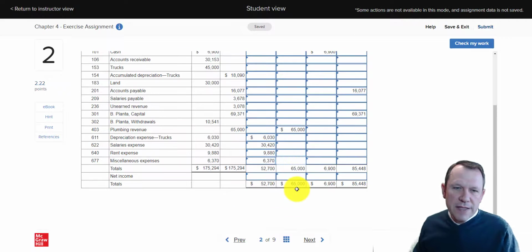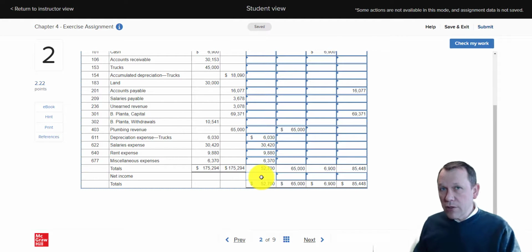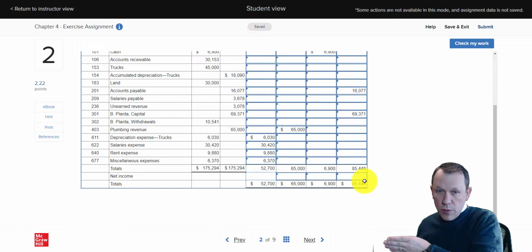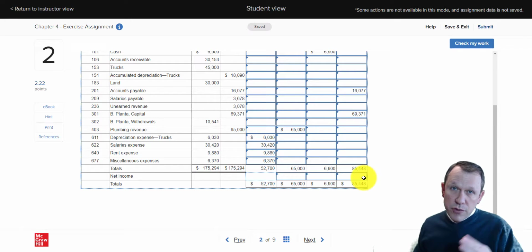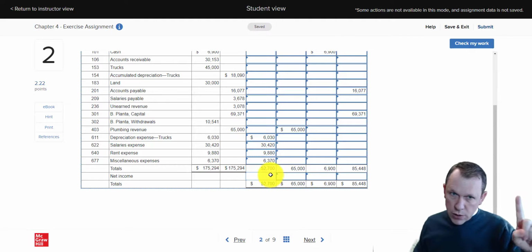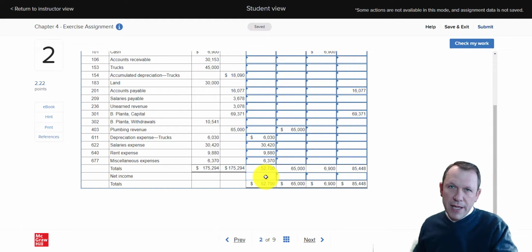So that's why we've got this extra little set down here, the net income, that we're going to plug in to get these to balance out. The net income will also slide over to the balance sheet and statement of owner's equity. You get those two to balance out. So it's one number that we derive from taking our revenues minus our expenses.